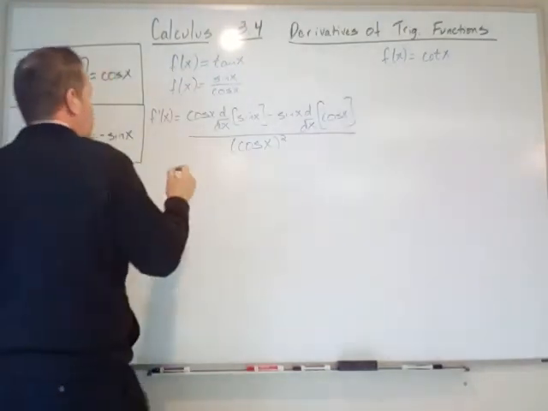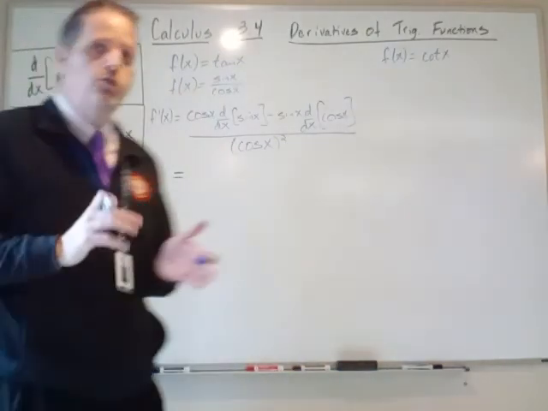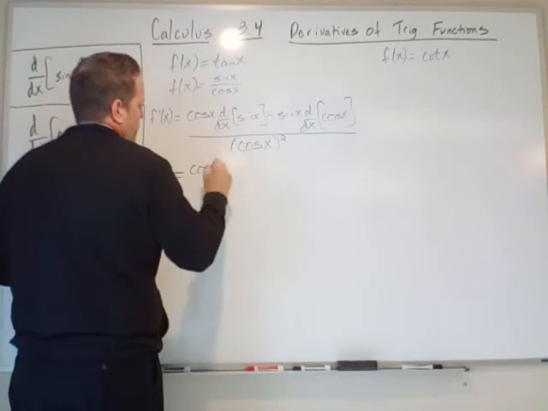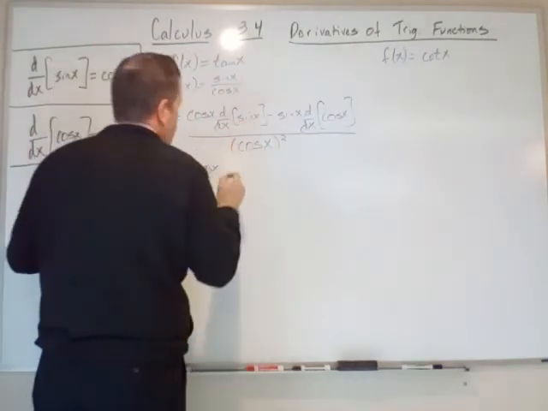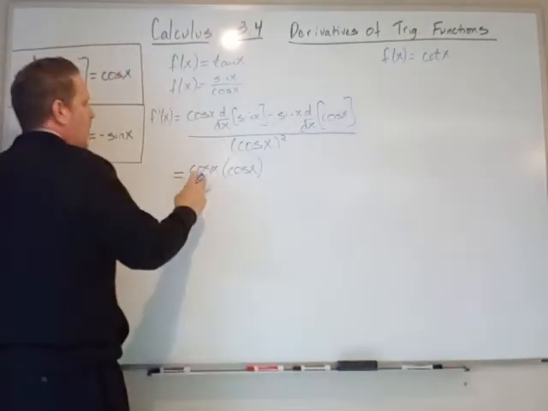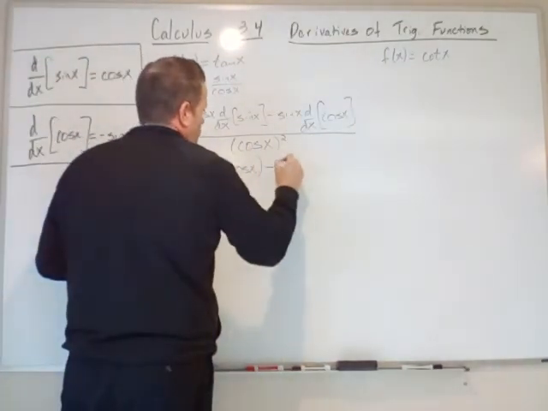Okay, so now, up top, I've got operators there, which tells us we need to do the derivatives here. So I've got cosine x. Now I'm taking the derivative of the sine of x. The derivative of sine is cosine. So I've got cosine x times cosine x minus sine x.